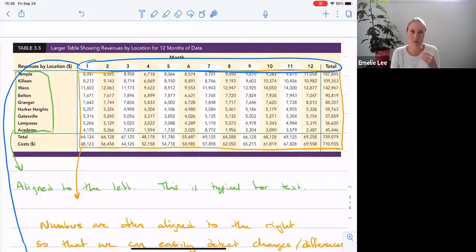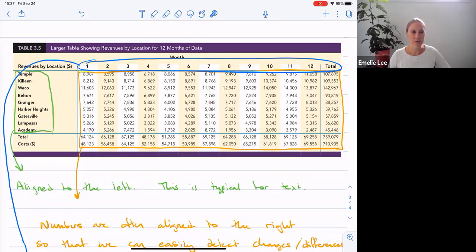But as a typical setup, text is aligned to the left, numbers, like data values, are aligned to the right, and the headers are center aligned. That's a good rule to play by.